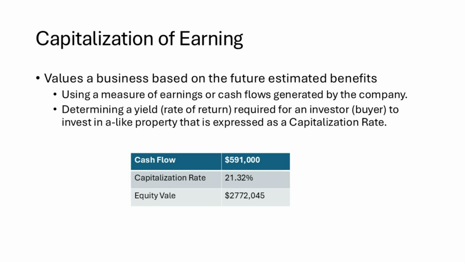So in this situation, capitalization of earnings, it values the business based on the future earnings benefits that the business can expect. Again, what you're looking at is historical cash flows, and you're coming up with either an EBITDA or a seller's discretionary earnings that the valuator believes best represents the future cash flows of the business. Now, this can involve taking a look at the maturity level of the business.